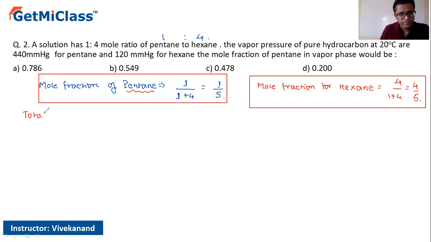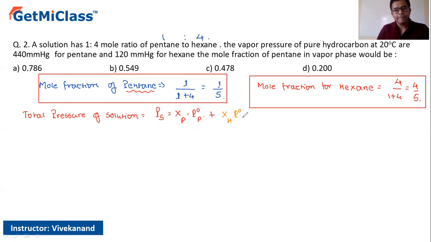The total pressure of the solution, which we denote by PS, is equal to the mole fraction of pentane into the pressure of the pure solvent pentane, plus the mole fraction of hexane into the pressure of the pure solvent hexane.